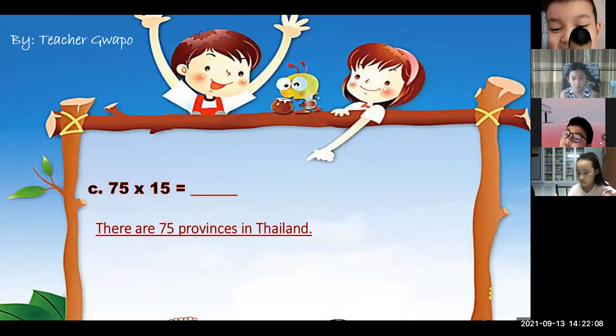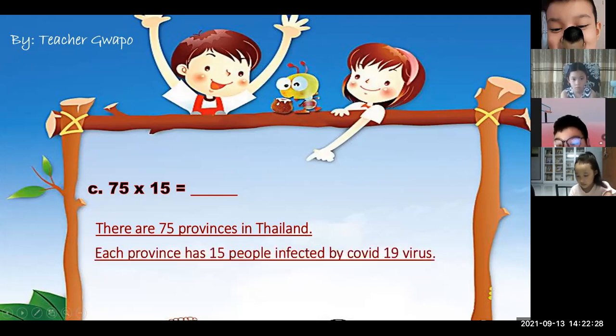But in real life, Thailand has 77 provinces. Let's say only 75, because we will use this equation. So there are 75 provinces in Thailand, okay? And each province has 15 people infected by COVID-19 virus.